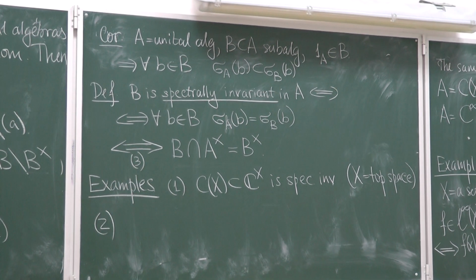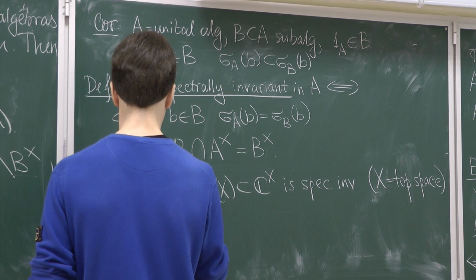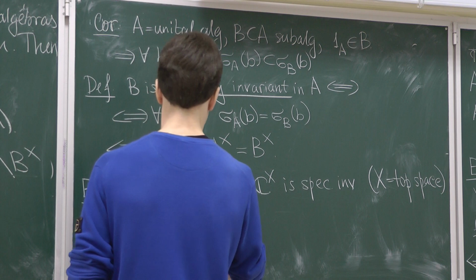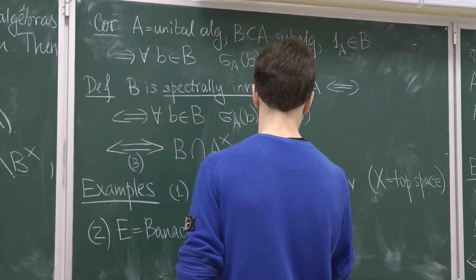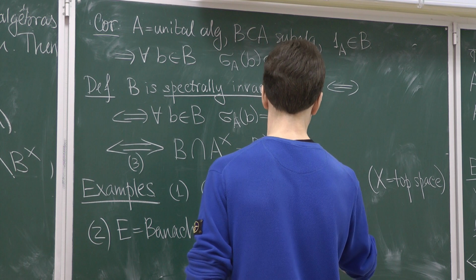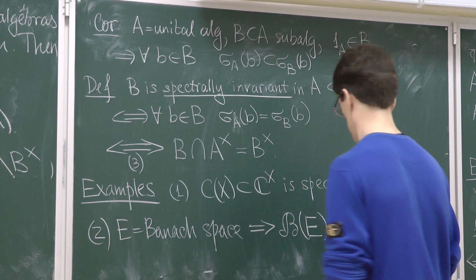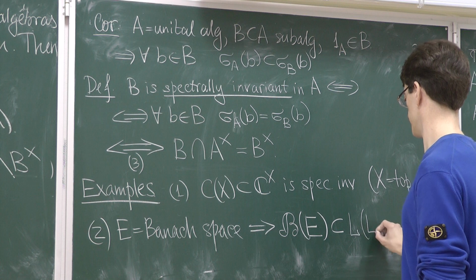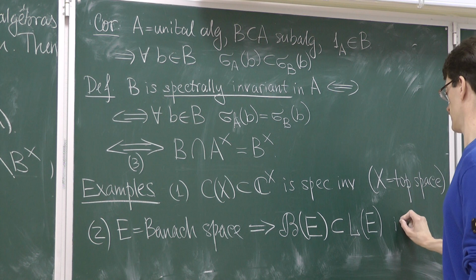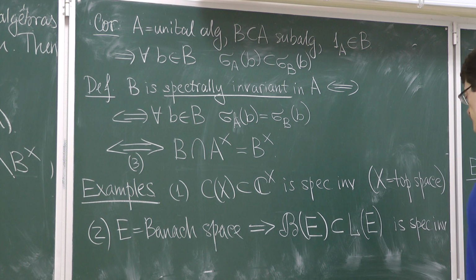Another example, if E is a Banach space, then the algebra of all bounded linear operators on E, B of E, is spectrally invariant in the algebra of all linear operators on E. Why is it so?